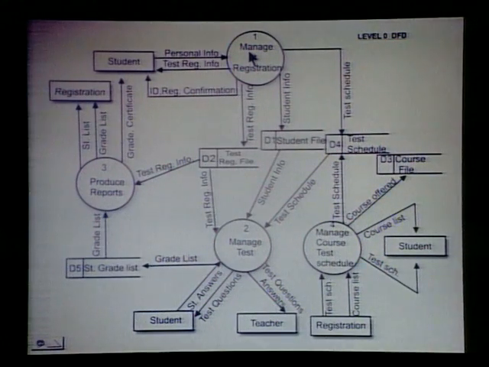The next step is to take each process at level 0 and expand it or create its child diagrams giving more detail about that process. For example, manage student registration is the process number 1 at level 0 DFD. We will expand this process into its sub processes.